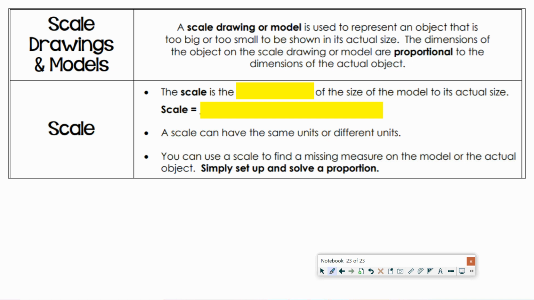The scale is the ratio of the size of the model to its actual size. In scale, we always do model to actual when you write the ratio. So a scale can have the same units or different units. You can use a scale to find a missing measure on the model or the actual object. Simply set up and solve a proportion.